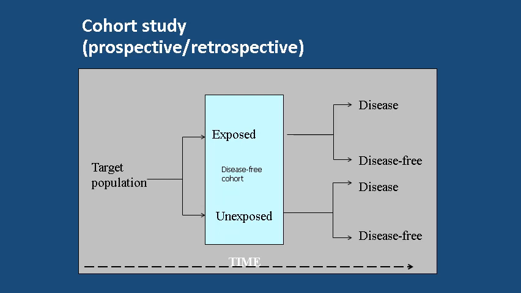Then we divide them into one cohort, which is the exposed cohort, exposed to a risk factor, a treatment or intervention. The other group will be the unexposed cohort, not exposed to the risk factor or any treatment.